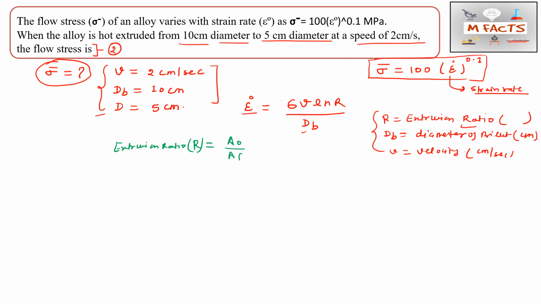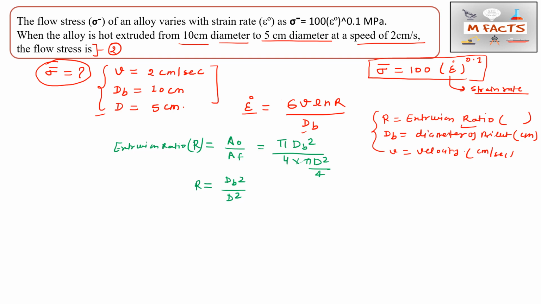How to find the initial area? A naught for the billet is pi dB square by 4, divided by the final area, pi d square by 4. In short, you will find the R value will be dB square by d square.